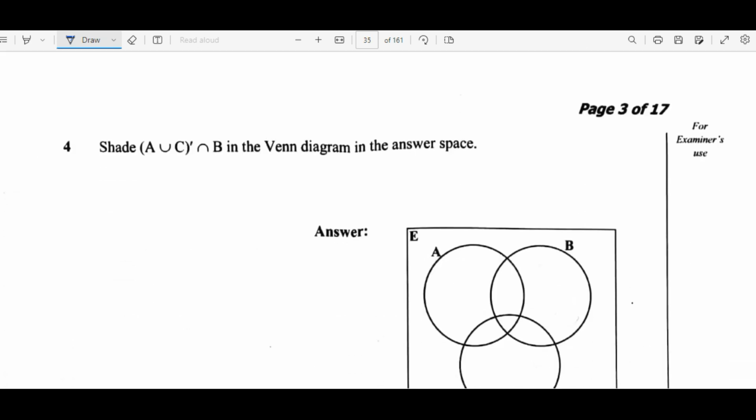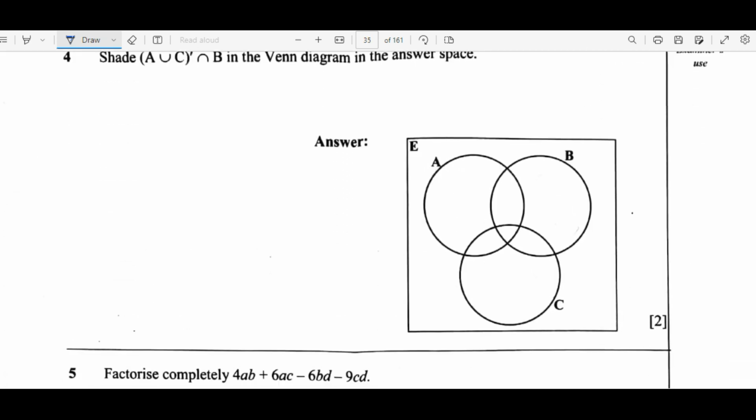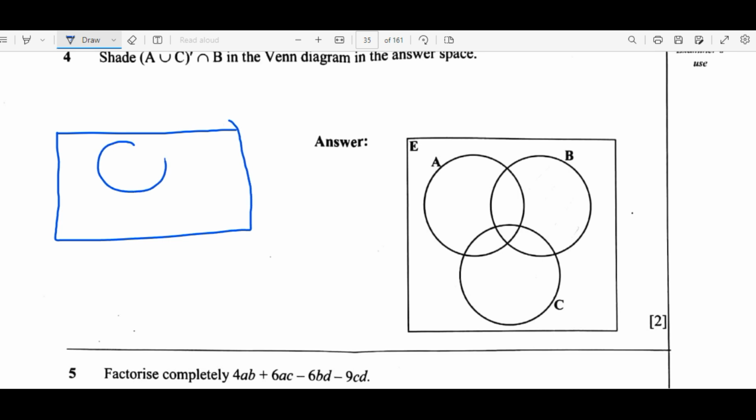So now let's have a look at question 4. Shade A union C complement intersection B in the Venn diagram in the answer space. What I like or prefer to do here is to draw another Venn diagram, then put elements so that you can have a clear picture.